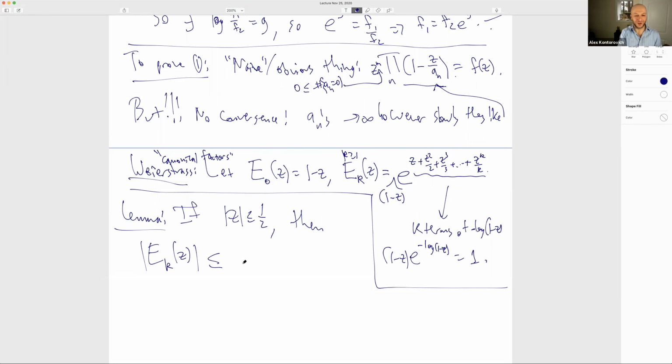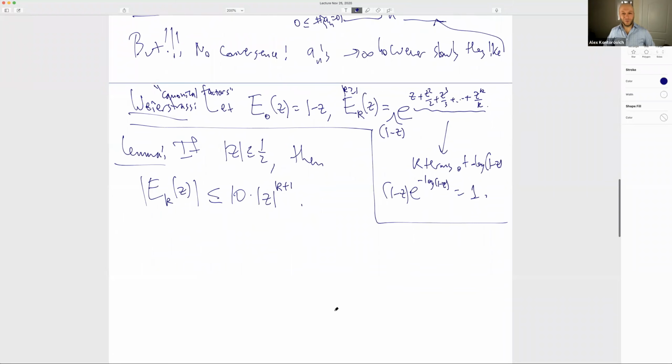It's some absolute constant, independent of k or z, times |z| to the k plus 1. That's what it has to be. And let's see why that's the case. Well, it's exactly what we just did, except more rigorous.